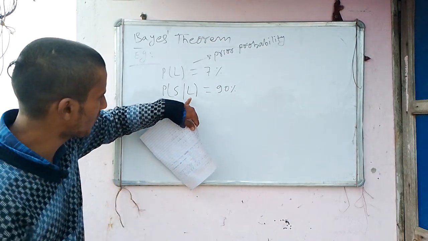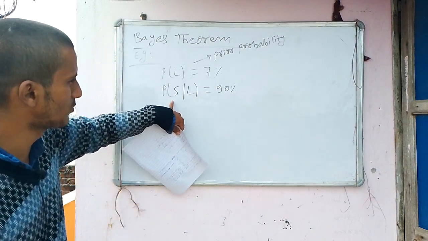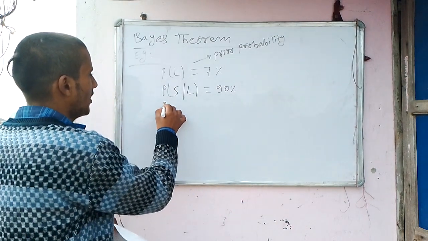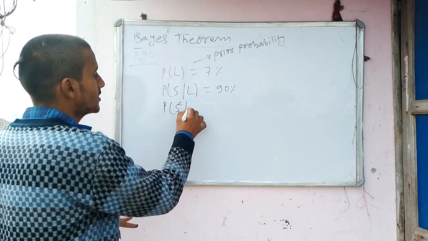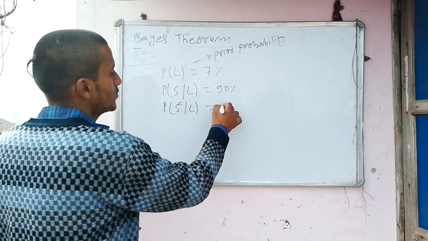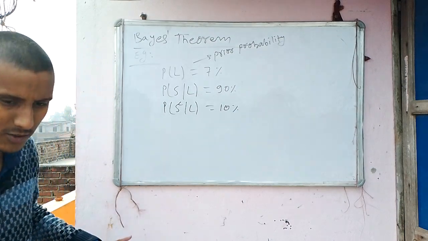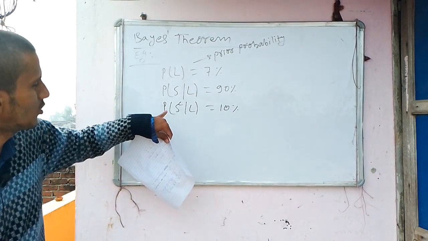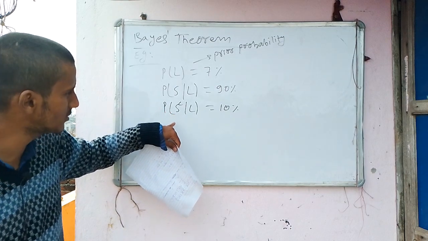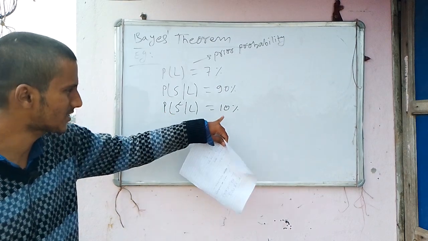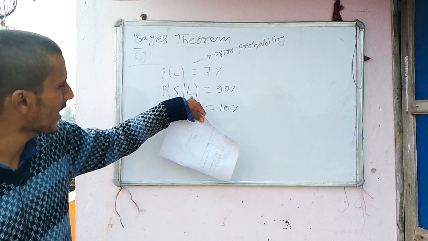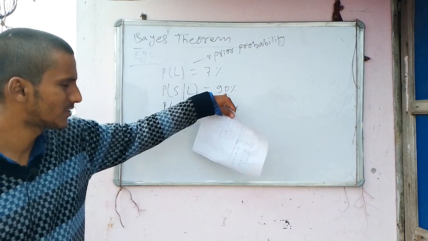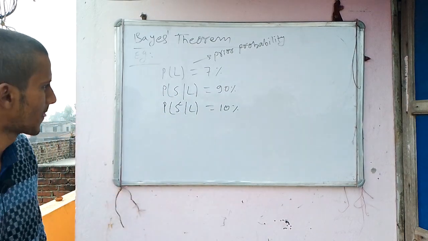Those people who are not smokers and still have lung disease are 10%. So in the group having lung disease, non-smokers are 10% and smokers are 90%. Does that make sense?